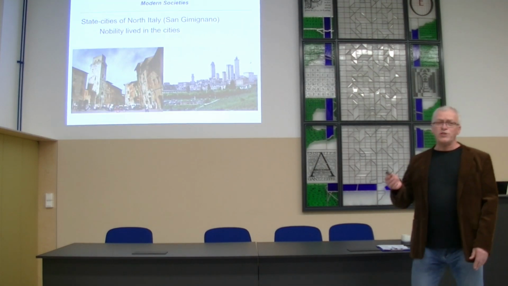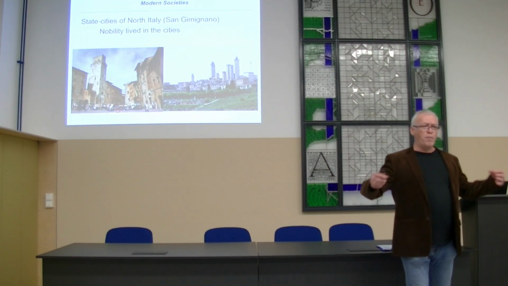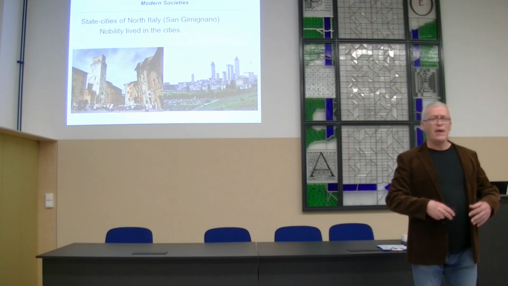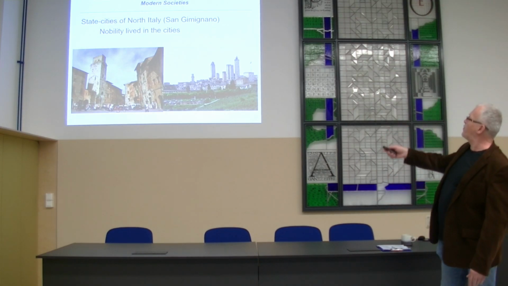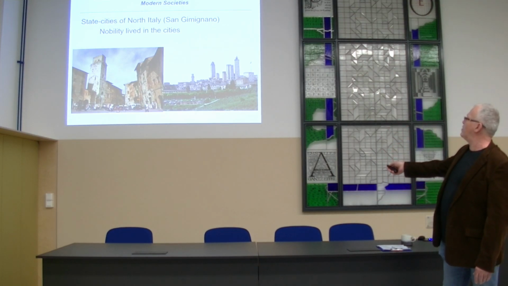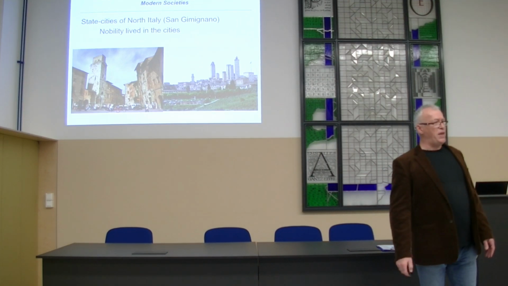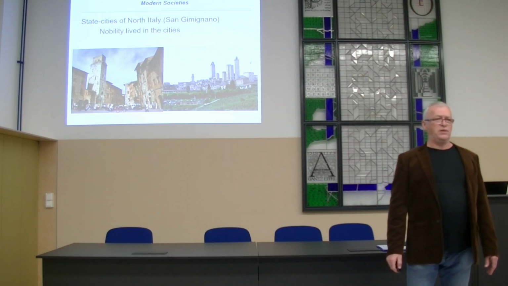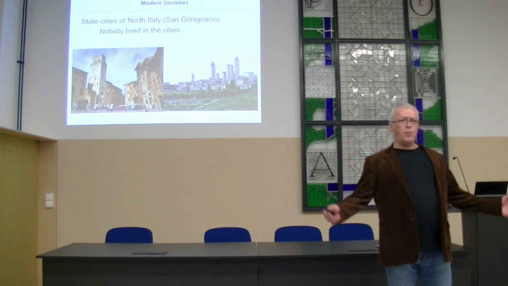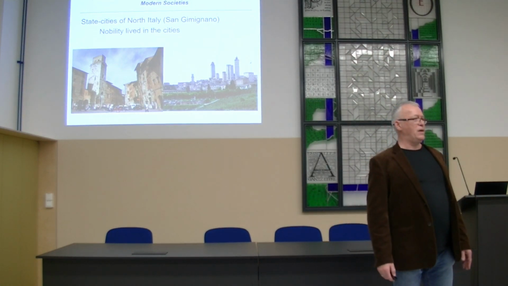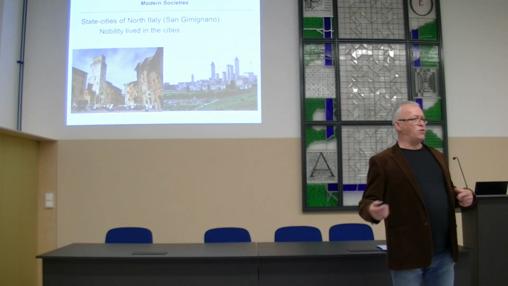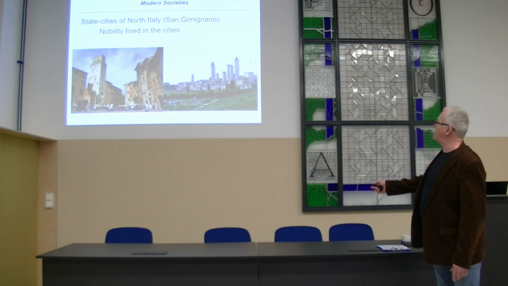Good. And what is the other consequence of noblemen living inside of the city? This is the city of San Gimignano. You can see here, San Gimignano. Has somebody visited San Gimignano, located in the central part of Italy? San Gimignano is a typical nobleman city, afraid of each other. Therefore, this is the city wall.